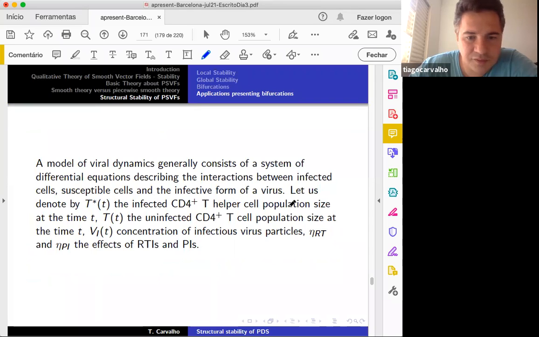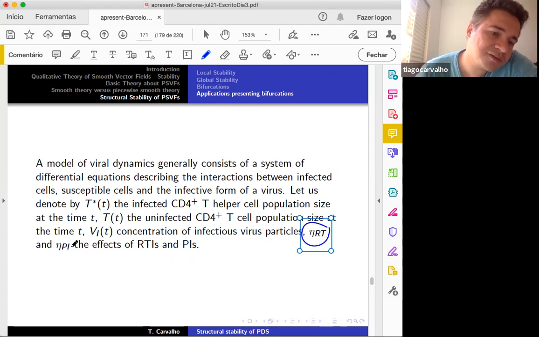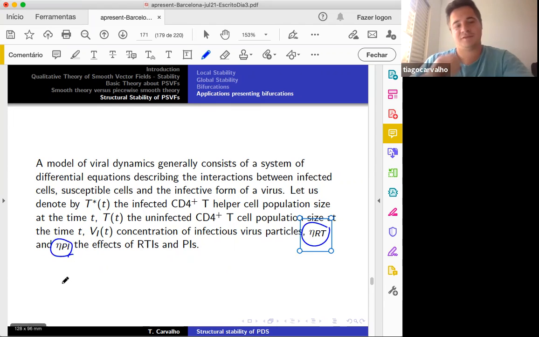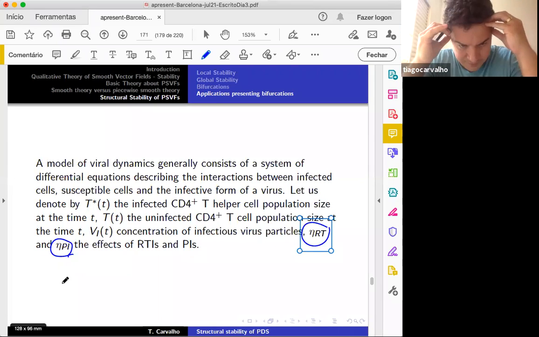One of them has an effectiveness for some specific biological thing. I will not explain this. And another one is effective for another biological thing. They must be combined, okay?